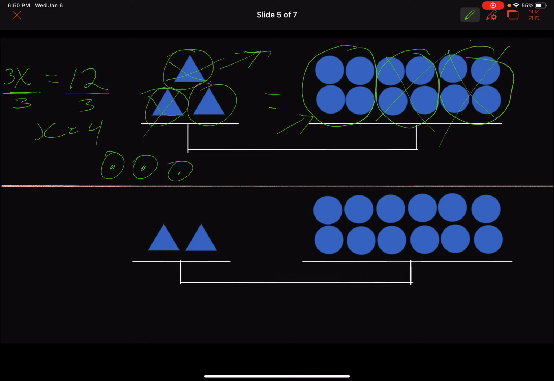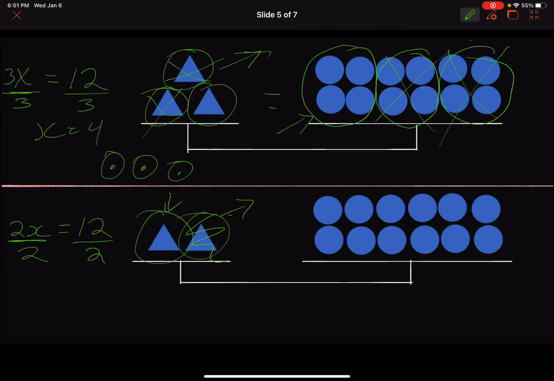All right, down here, we're going to do this again. I have 2x, and that is going to be set equal again to 12. Now I'm going to divide by 2, so I'm going to have 2 equal groups. I want to know how many are in each group, so I am only looking at the 1.